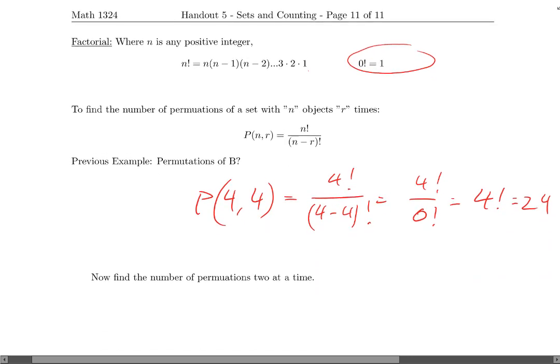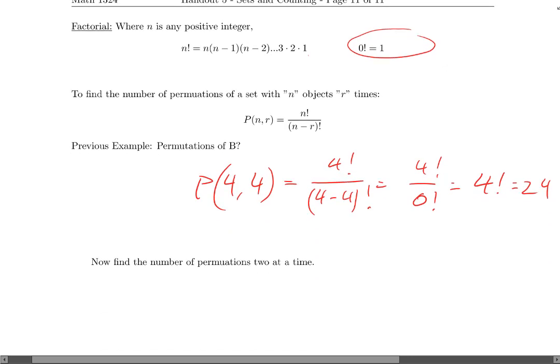So next example, same set, but now we're only going to use 2 at a time. What does that mean? That means we're looking at all the different arrangements: AB, AC, AD, and then BA, and so on and so forth. We're only using 2 letters. What are all the different arrangements we could make? So P of 4, 2 is how we'd set that up.